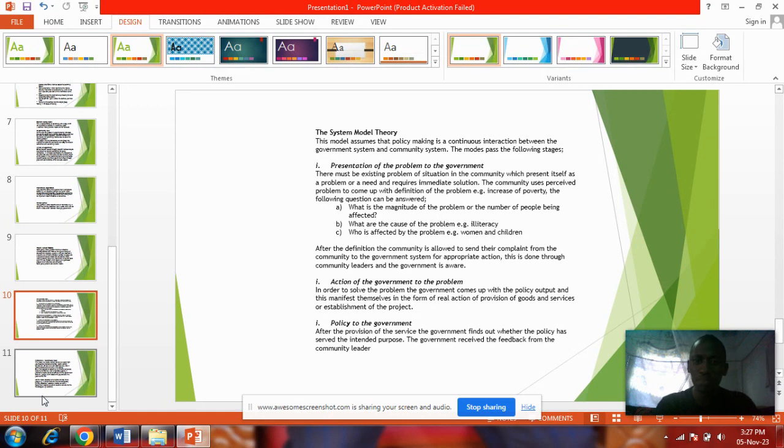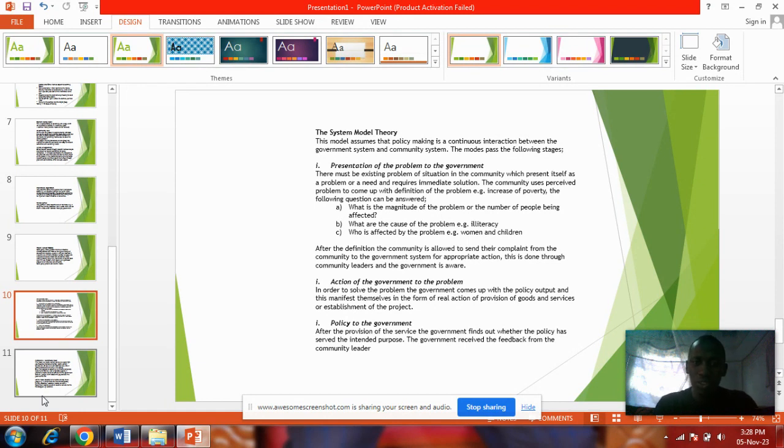The community uses the perceived problem to come up with a definition of the problem, for example increased poverty. The following questions can be answered. What is the magnitude of the problem, or the number of people being affected?